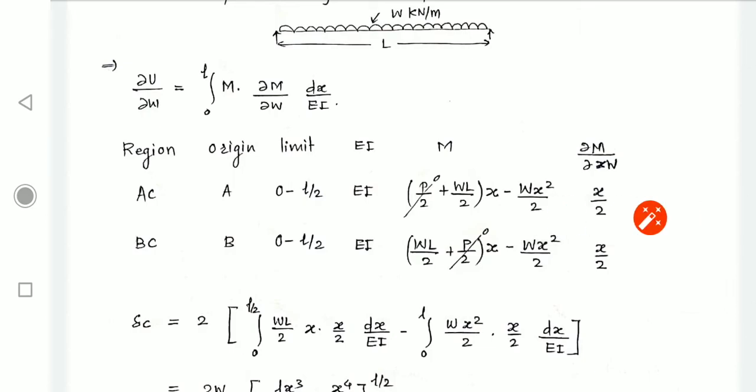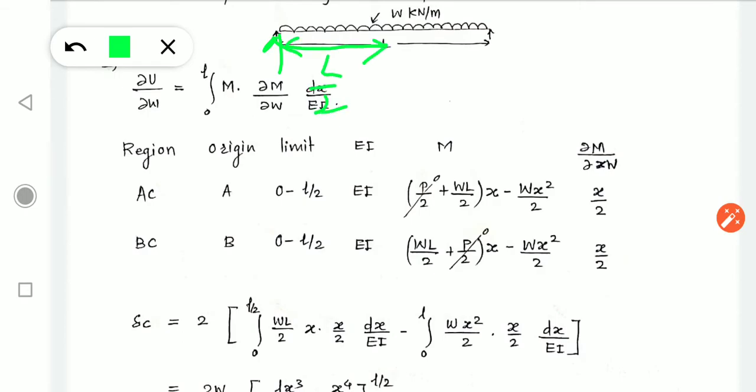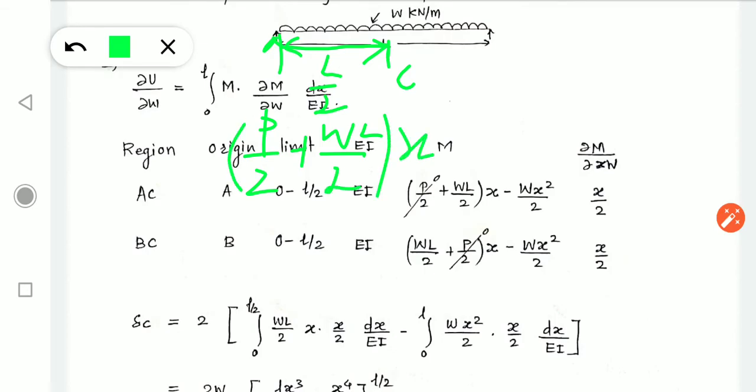Okay, so first this force into the region, which is L/2, and we are writing the moment at C. The reaction will be P/2 plus WL/2 into the distance, which is x. Why am I not taking it on the complete length?